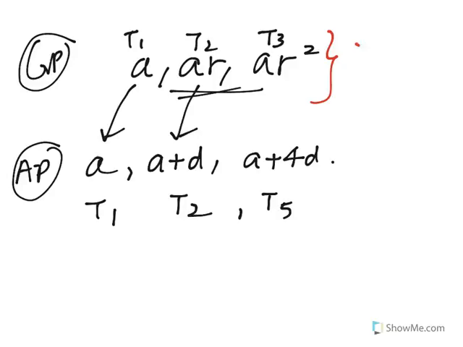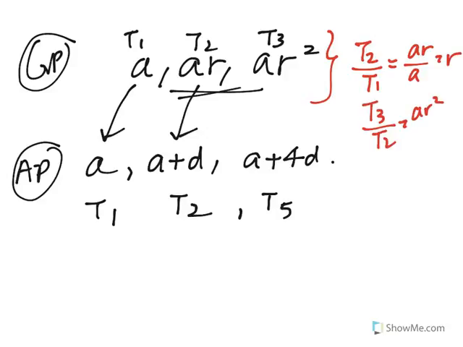Term 2 over term 1 is ar over a, which is just r. Term 3 over term 2, ar squared over ar, is also r. So term 2 over term 1 equals term 3 over term 2.